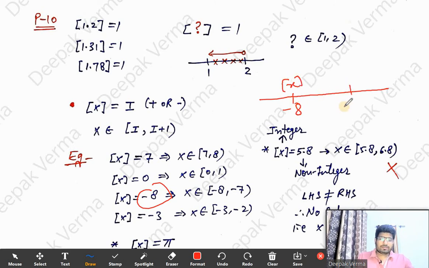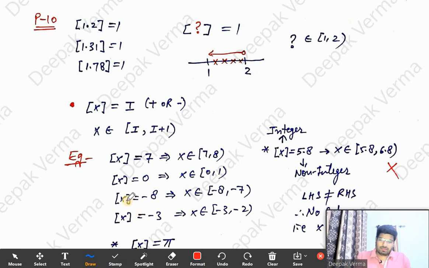It means x will be lying between minus 8 and minus 7. It can be minus 8 also. So that is what I to I plus 1 means. Minus 8 plus 1 is minus 7. With minus 7 we will put an open bracket, and with minus 8 we will put a closed bracket. Got it?